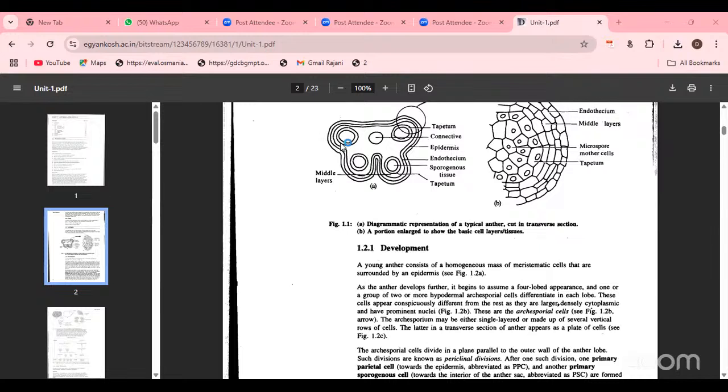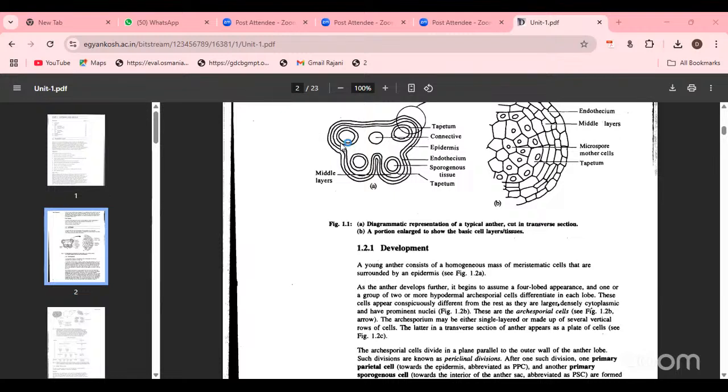All these cells are called archesporial cells. Now these archesporial cells may be either a single layer or sometimes made up of several vertical layers, rows of cells. Did you understand?